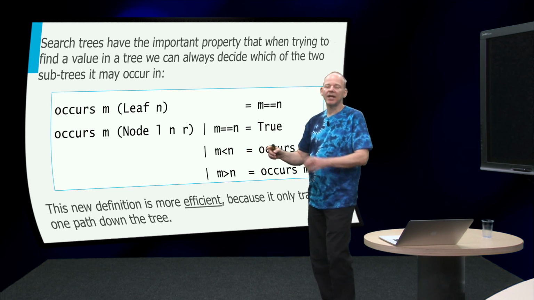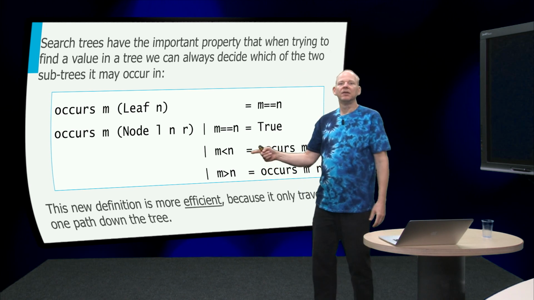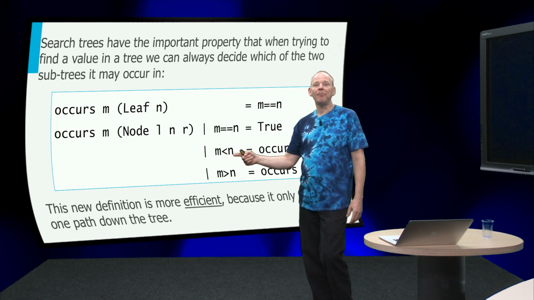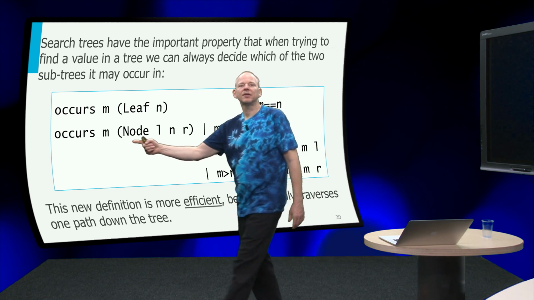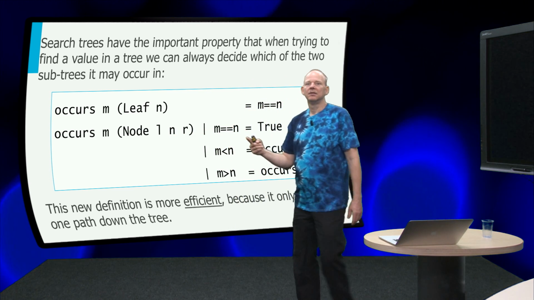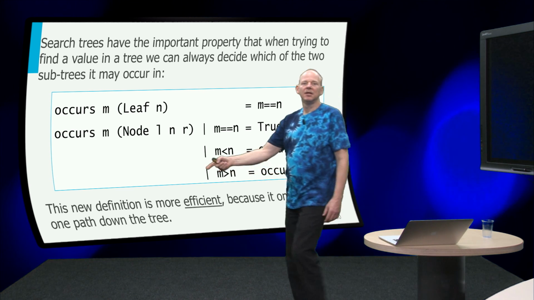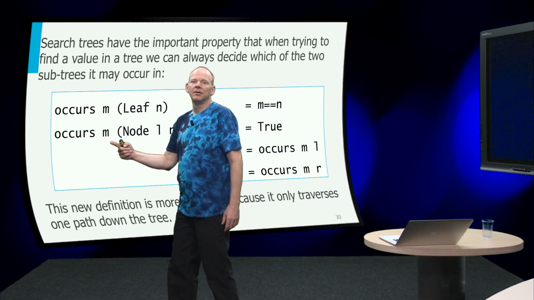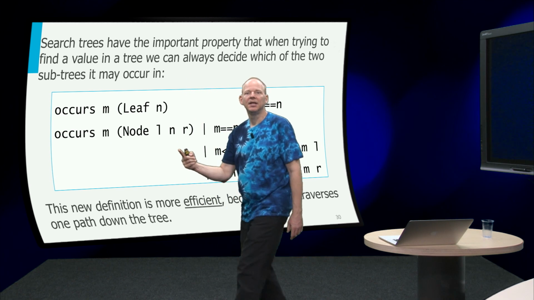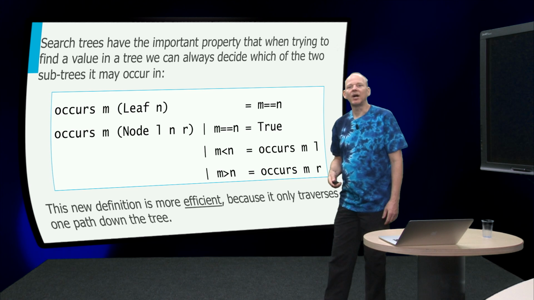So we don't have to say, if it's not the same, we're checking this, or we're checking that. No, we know that if m is less than n, if the number that we're searching for is less than the node here, then we only have to search in the left subtree. If this value here is larger than n, then we only have to search in the right tree.